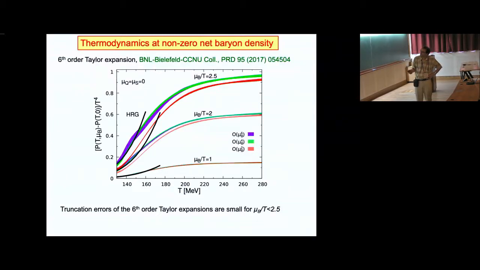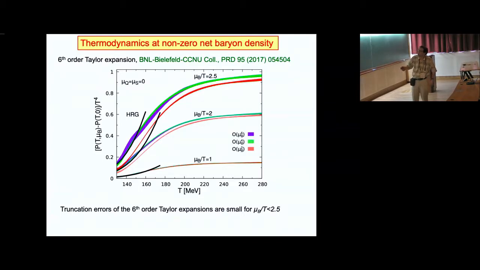And what you expect, to some extent, is that as you increase the temperature, the extra baryonic pressure increases, and eventually it approaches a value which you would estimate from the quark gas as well. At low temperature, this correction to the pressure due to finite chemical potential follows the Hadron Resonance Gas model.